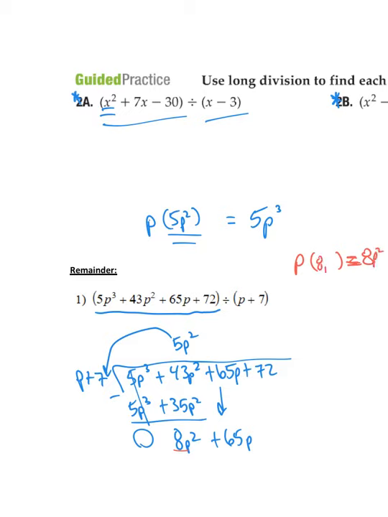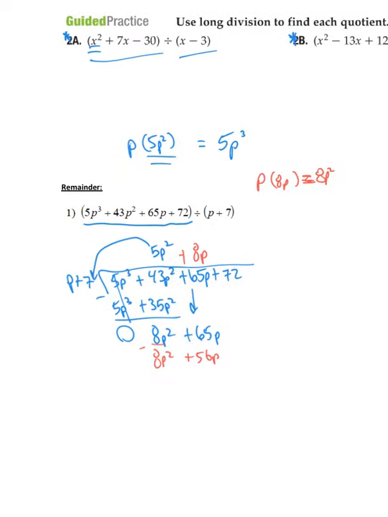So 8p times p. So this will be a positive 8p here. 8p times p, 8p squared. 8p times 7, 8 and 7, 56. And again, subtracting. 0. 65 minus 56 is 9p.